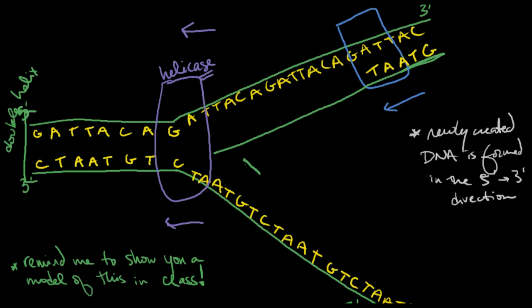DNA polymerase will follow. Remember, DNA polymerase is another enzyme with the ASE ending, and it makes new DNA polymers by putting DNA nucleotides together. Now, these DNA nucleotides are floating around in the nucleus, in the cytoplasm.